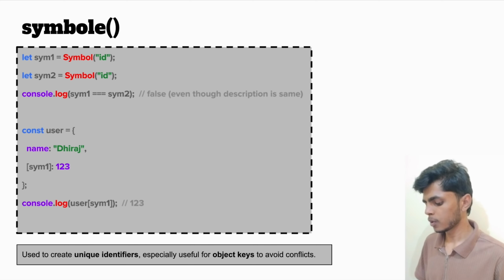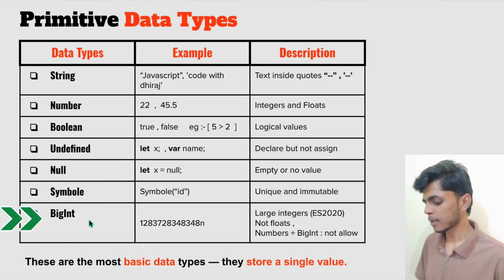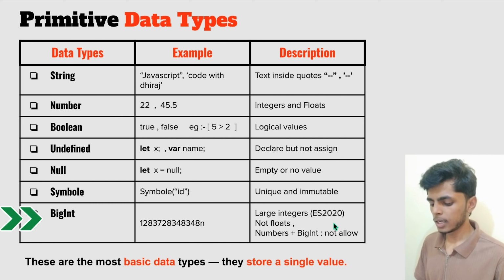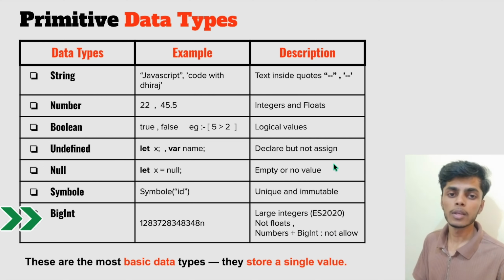Now we will see the last data type in primitive data types, that is BigInt. BigInt is a newly added feature in JavaScript in 2020. It is used for large integers. There is a certain limit up to which we can perform operations using numbers, but beyond that limit, BigInt allows us to perform operations.